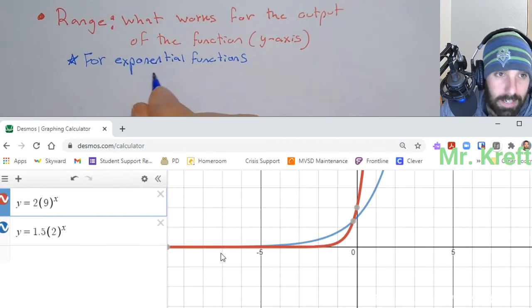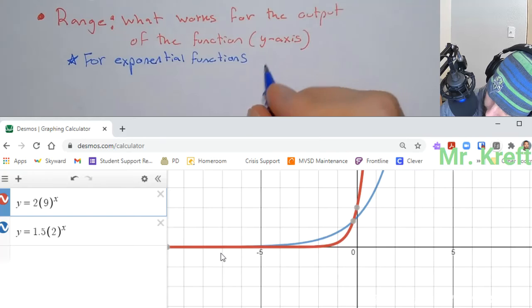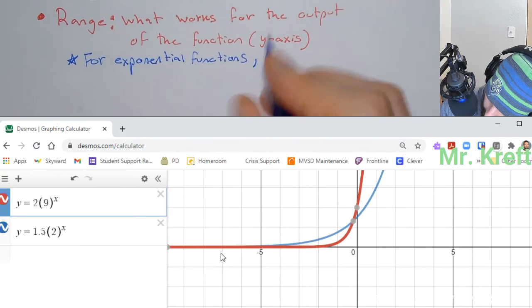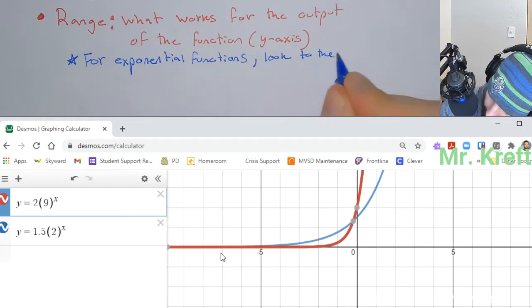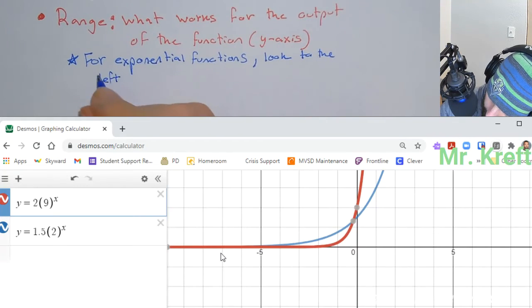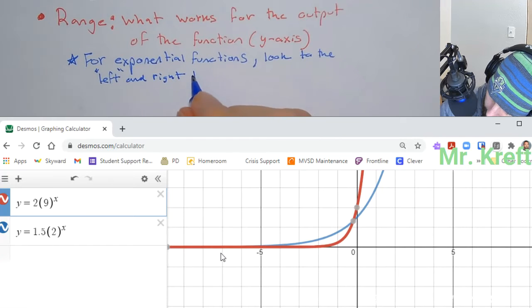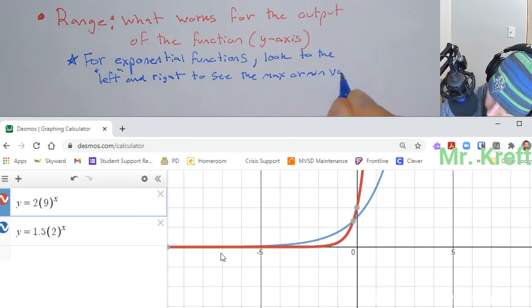For exponential functions, look to the left and right to see the max or min values.